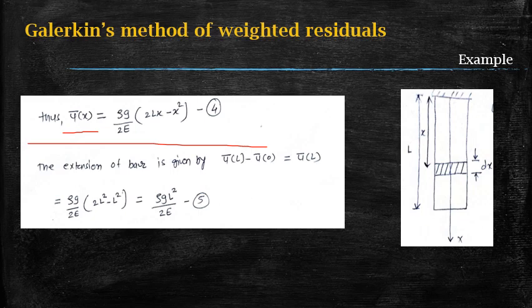So the extension of this bar is nothing but total extension at x is equal to L minus total extension at x is equal to 0, and if you proceed by substitution of appropriate values of x, you will get the elongation of the bar is rho g L square by twice e, means weight density into L square by twice e.